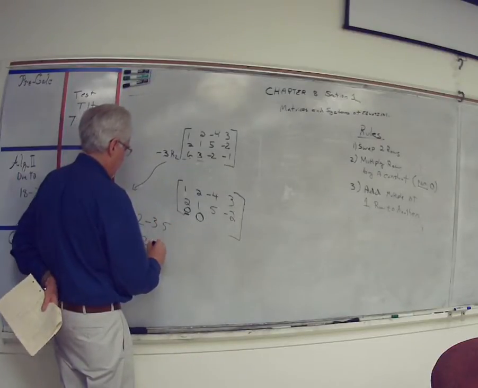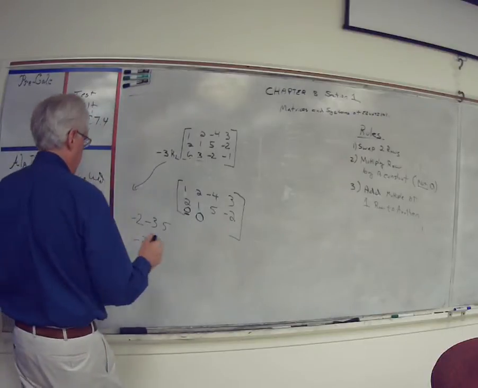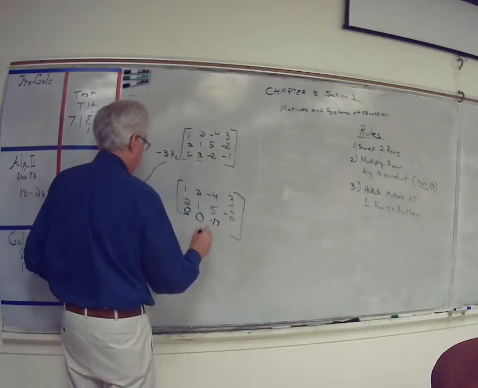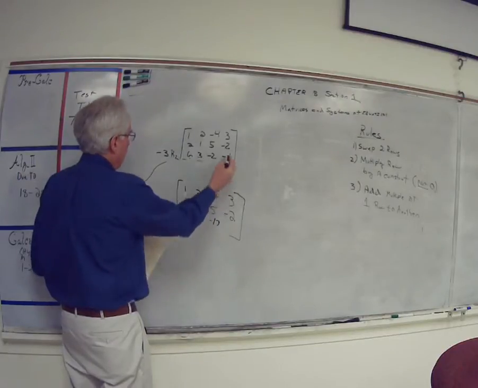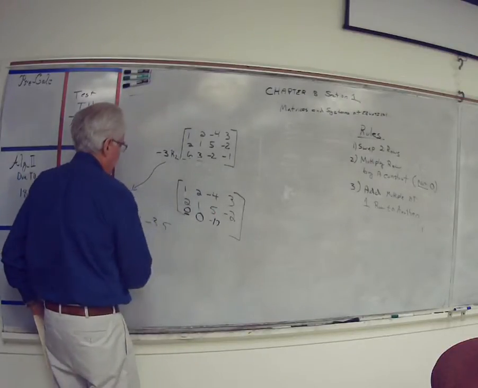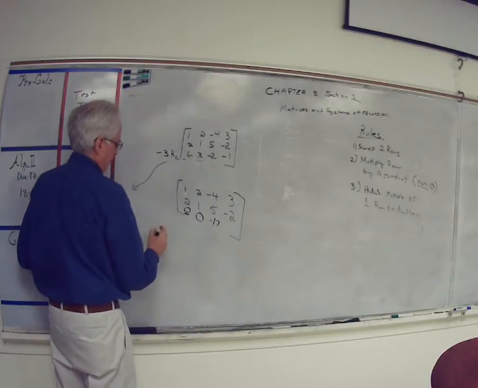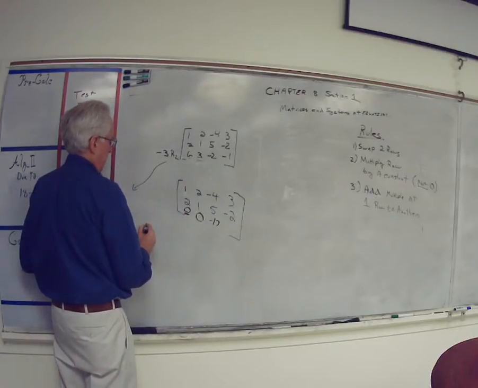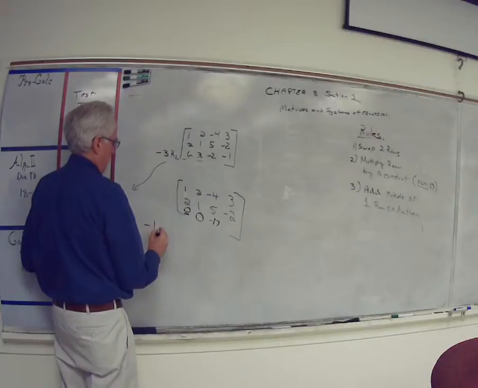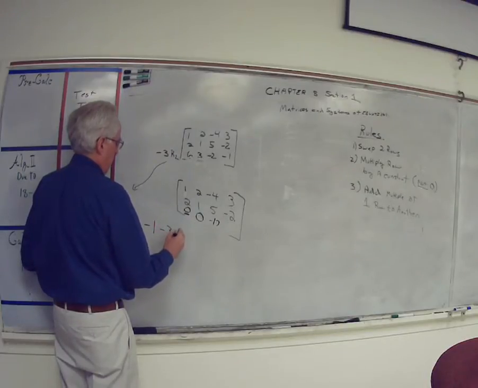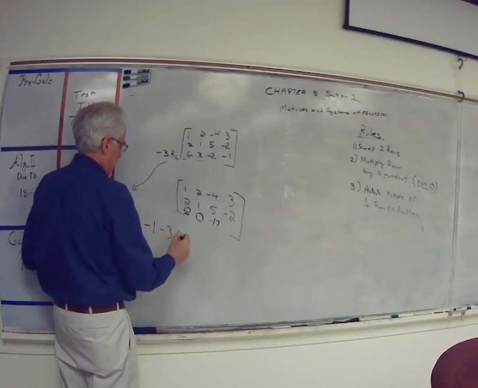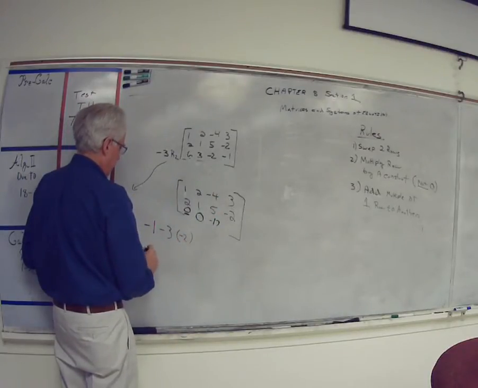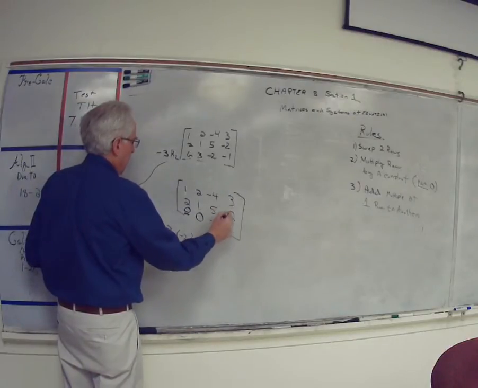Minus 2 minus 15 is negative 17. Okay. And then over here, Catherine, can you do that one? You're going to have negative 1 minus 3 times negative 2, which is negative 1 plus 6, which is 5.